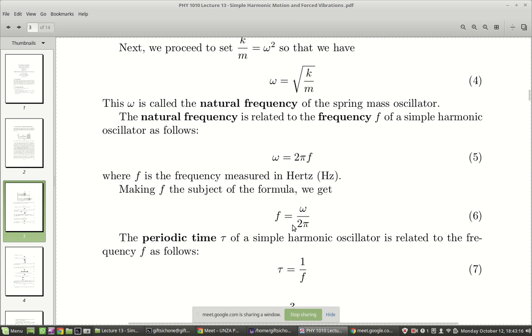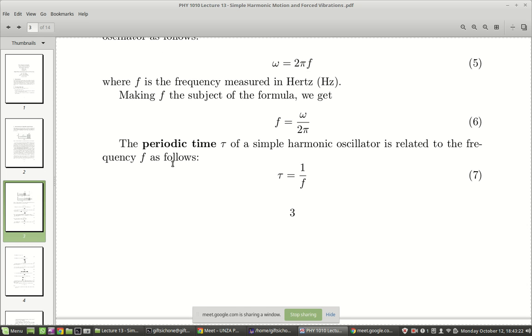The period is measured in seconds. The frequency is measured in hertz. The period is denoted tau, and is given by tau equals 1 over the frequency. The period of an oscillator is the reciprocal of the frequency. That's how we find the periodic time.